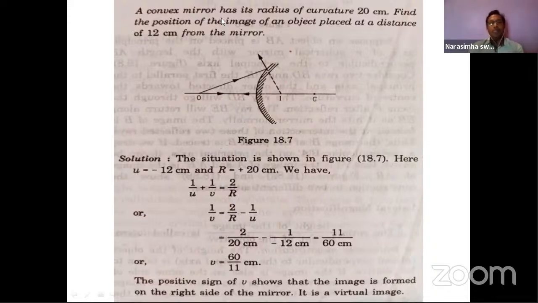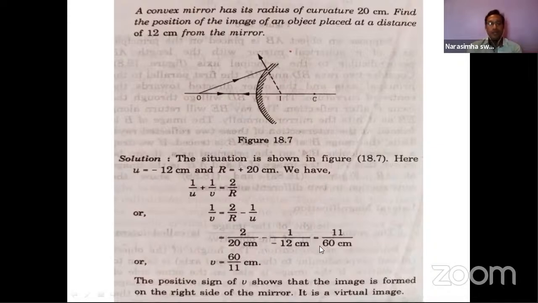What is it asking? Find the position of an image. So 1 by v is equal to 2 by r minus 1 by u. Simplify this. You are getting 2 by r, the r value is given as 20, you substitute here, minus 1 by u, and the u value is already given, 1 minus 1 by minus 12.